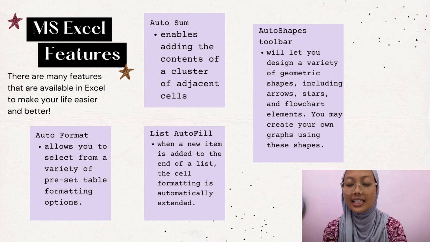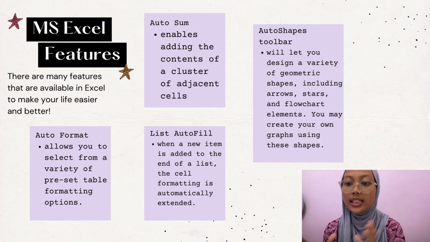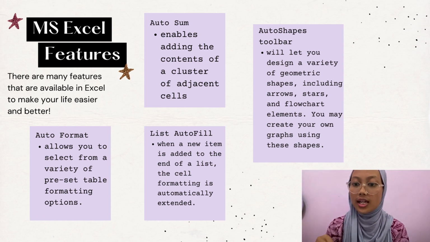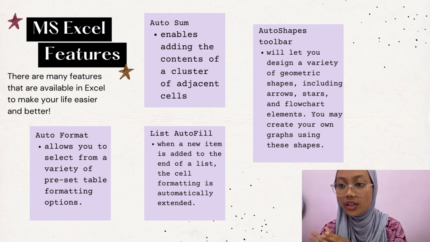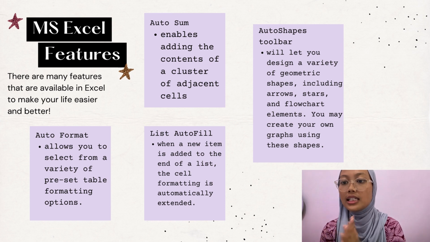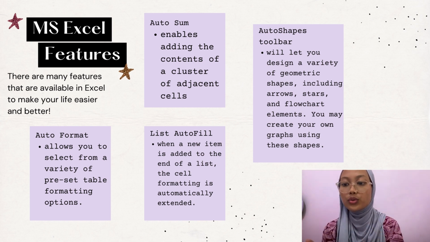Auto sum enables adding the contents of a cluster of adjacent cells, and list autofill is when a new item is added into the end of the list, the cell formatting is automatically extended. The fourth, auto shapes toolbar. It will let you design a variety of geometric shapes, including arrows, stars, and flowchart elements. You may create your own graphs using these shapes.